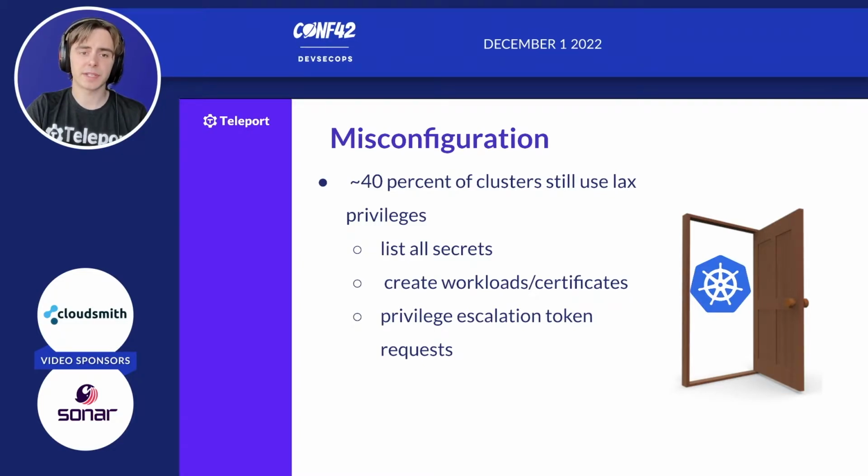So what this means is that these user accounts are configured with privileges such as being able to list all of the secrets, create workloads or certificates themselves, or even do privilege escalation token requests. So they can actually elevate their own privileges beyond what their RBAC roles are supposed to be, and have access to a myriad of services that they otherwise should not be allowed to.